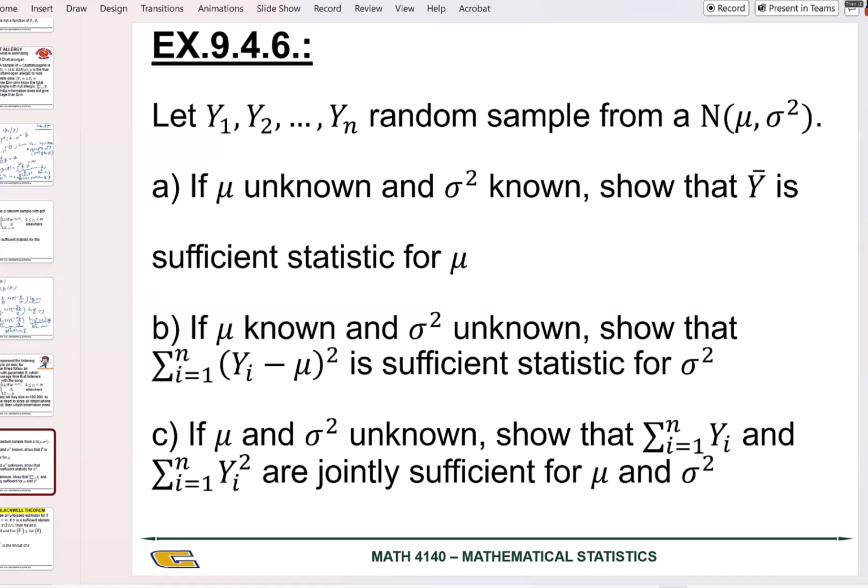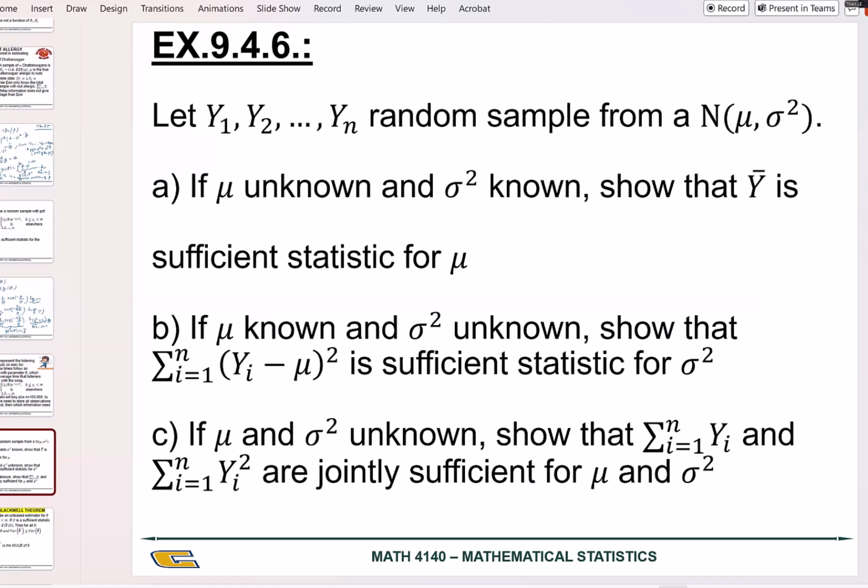So at that time you can think of it pretty much like the sample variance, or the sample standard deviation. It doesn't matter because they are all 1-to-1 transformations. So they will be a sufficient statistic for sigma square.